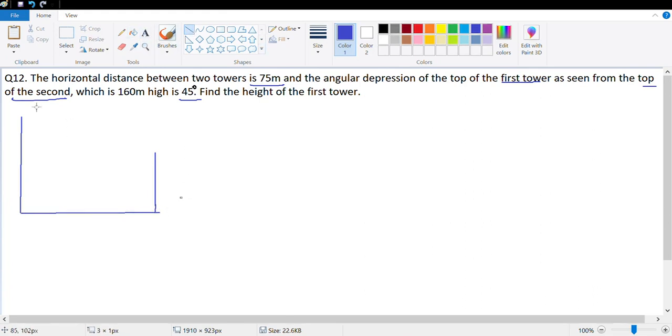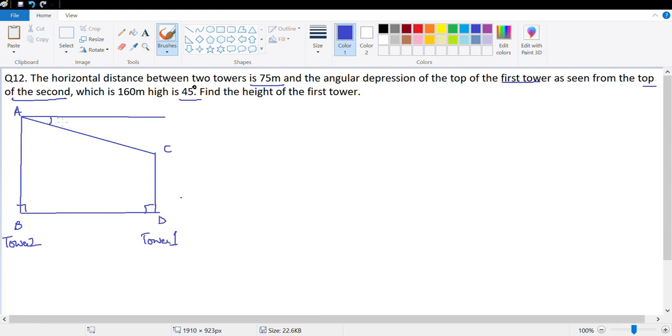Next, they are looking at the angle of depression, which means I will also have to mark the imaginary horizontal. This is 90 degree, this is 90 degree, this is tower 2, this is tower 1. Let's name them. This is A, B, this is C and D.